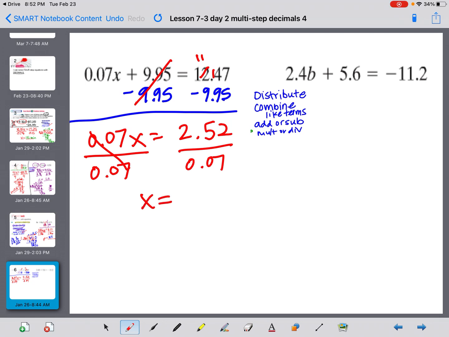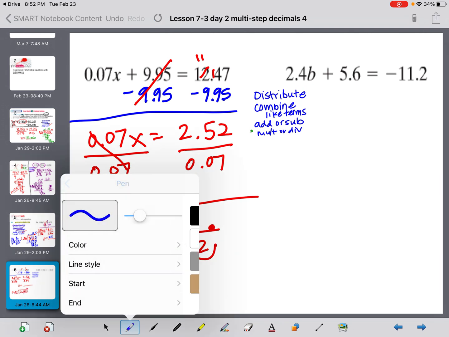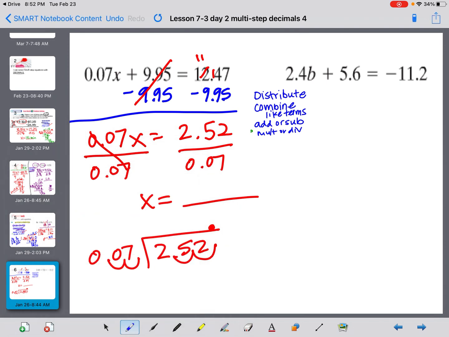Do we have any James Bond fans in the group? No decimals outside. That's actually okay. It's easy to divide by 7.